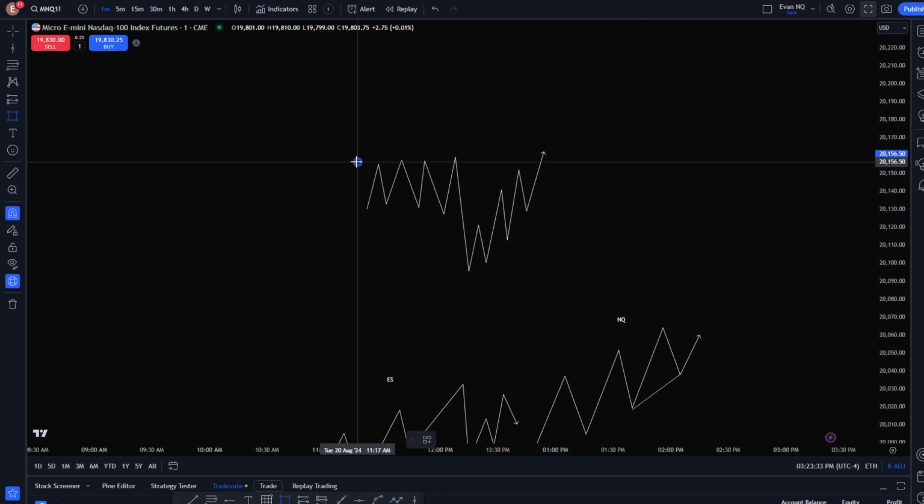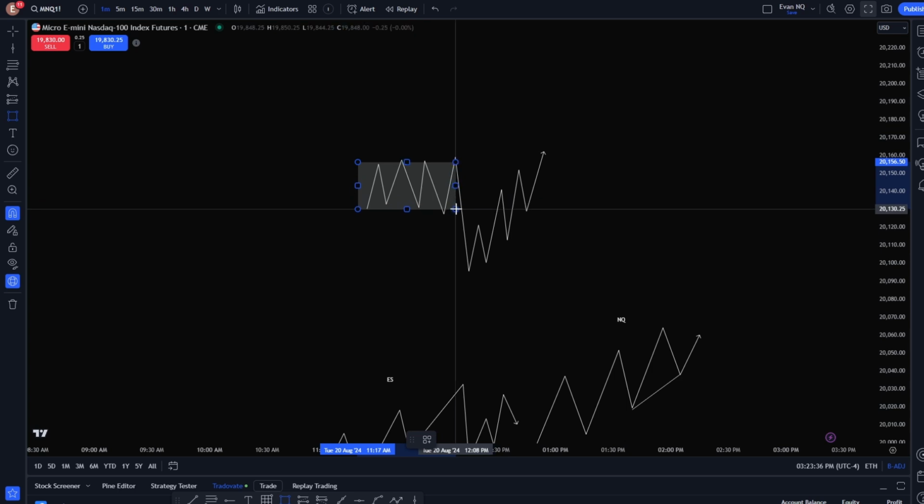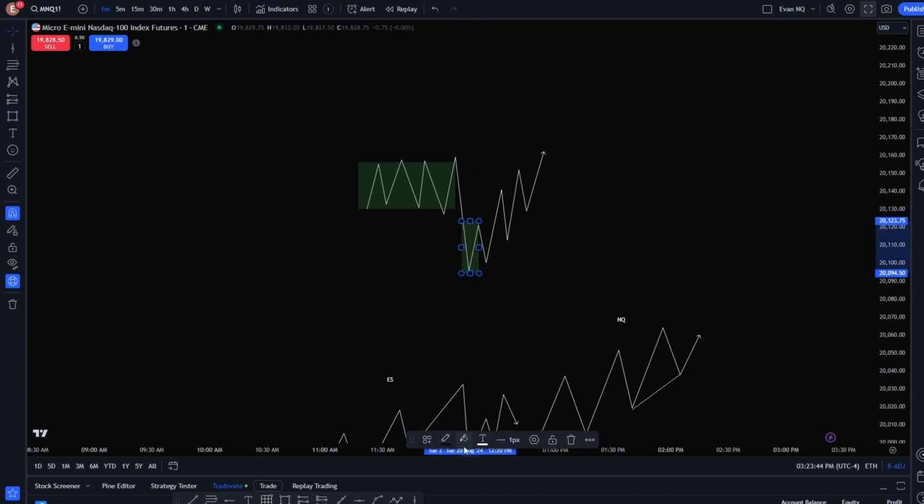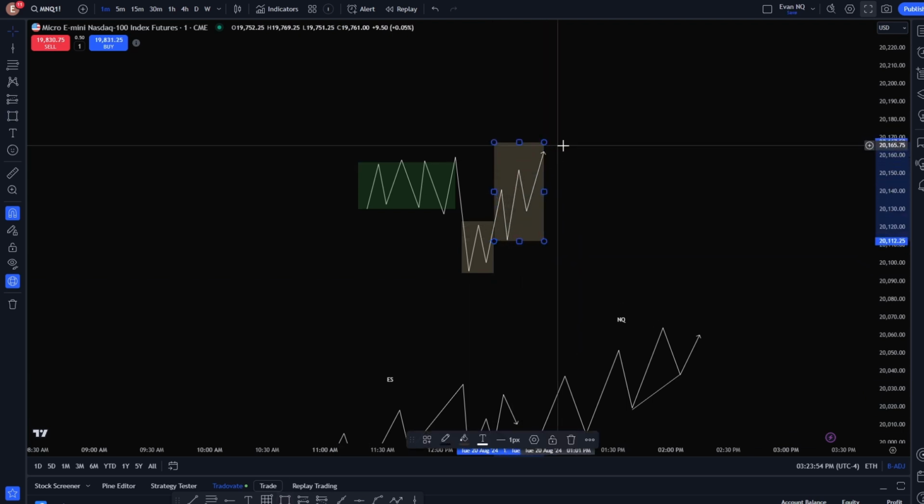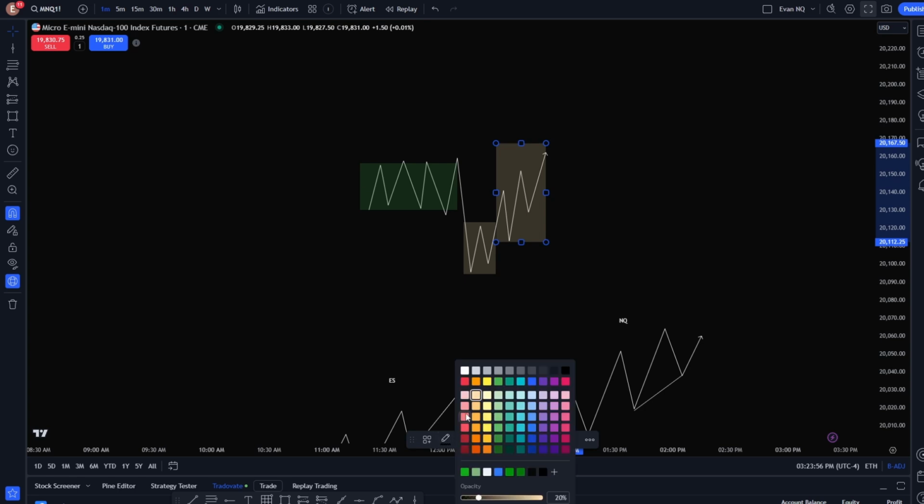So this is accumulation, manipulation, and the distribution.